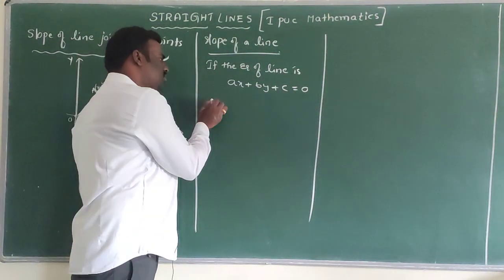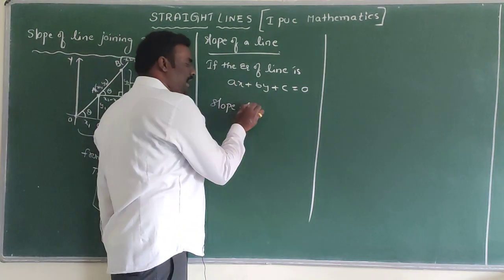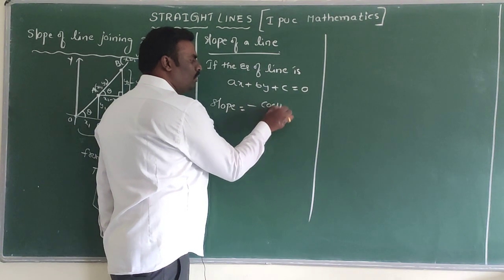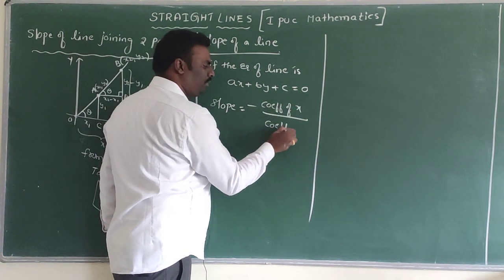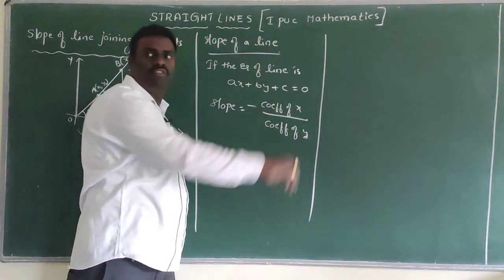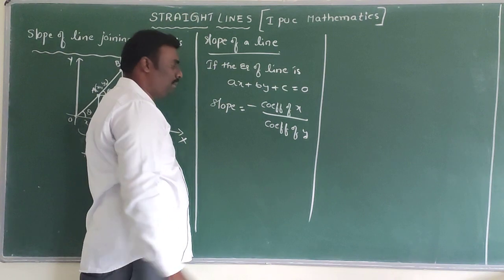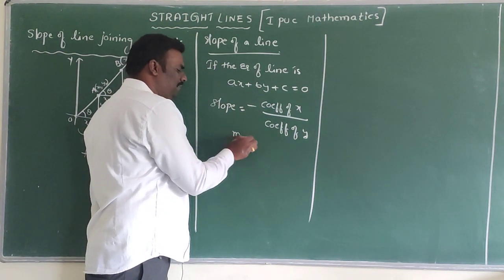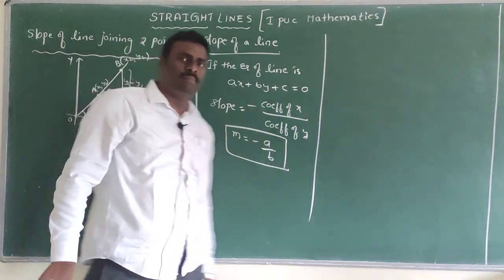Then how to find slope? The formula for slope is minus of coefficient of x by coefficient of y. What is coefficient of x here? A. What is coefficient of y? B. Slope is denoted with m. Then the formula for slope is minus a by b.